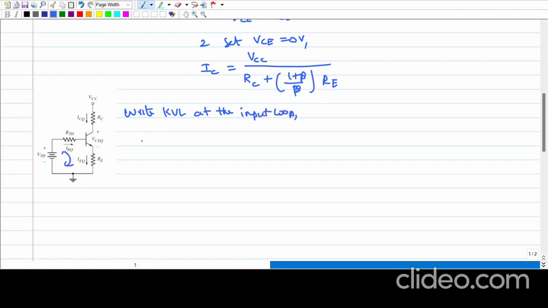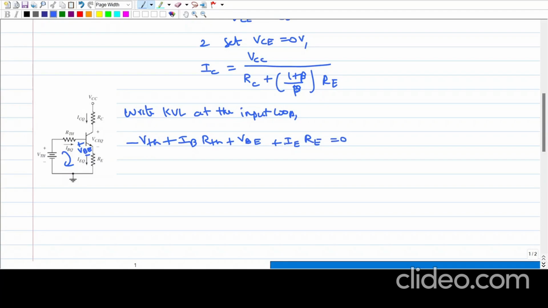This point: minus VTH plus IB RTH plus VBE, plus IE RE equals 0.